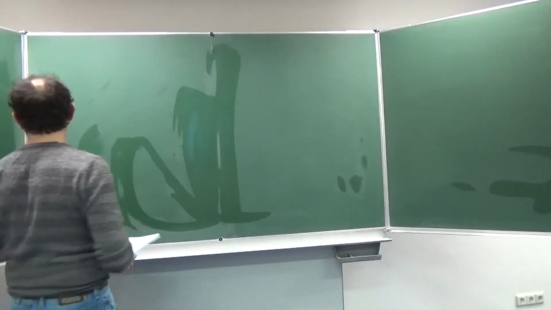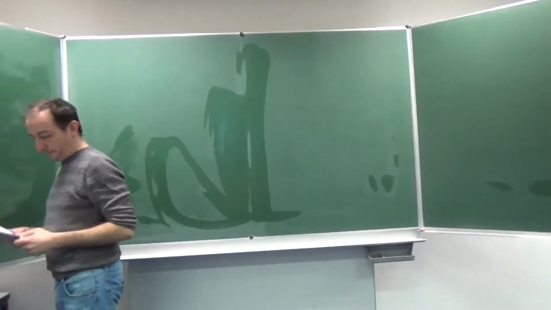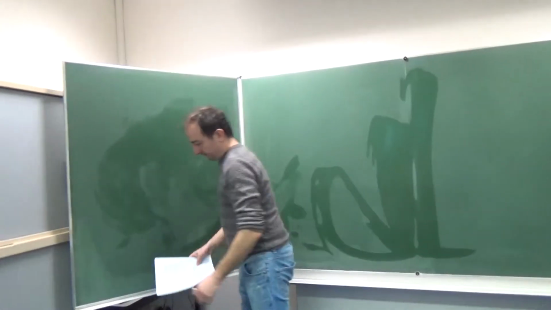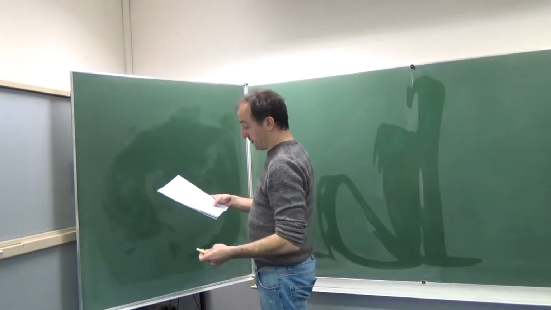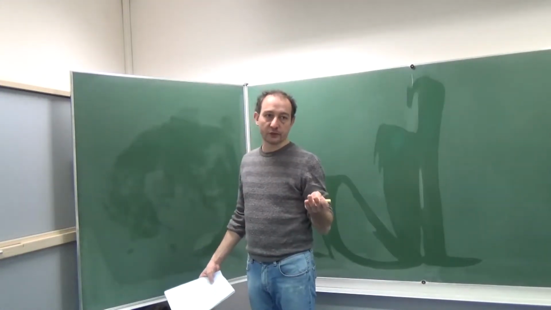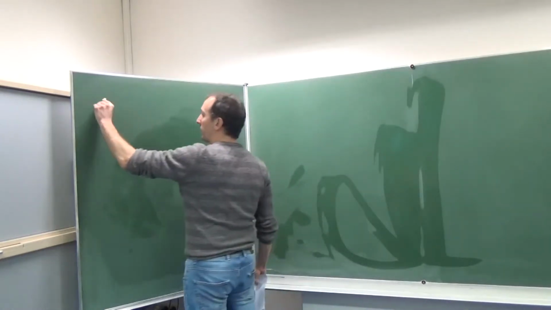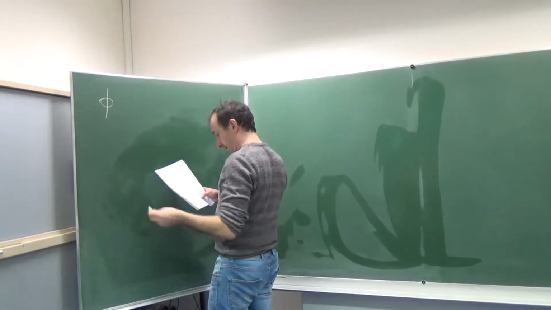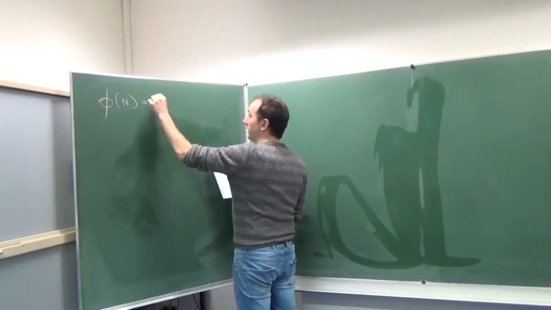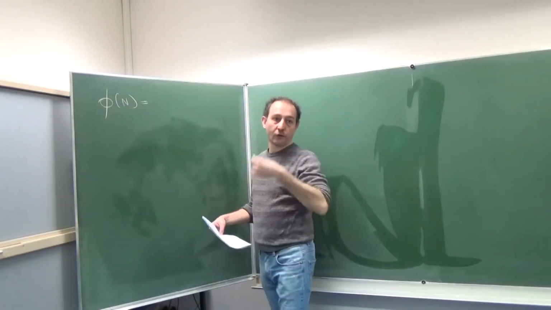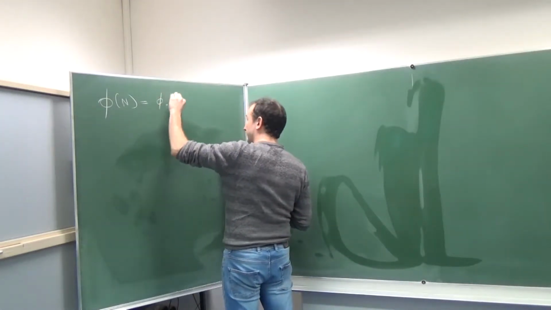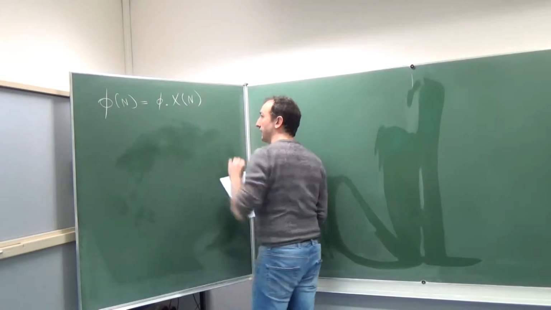So what is a current? Instead of looking at all possible transitions between any two states, we want to look at an observable phi of n defined as a linear combination of all possible transitions. So we write it as phi dot x of n.